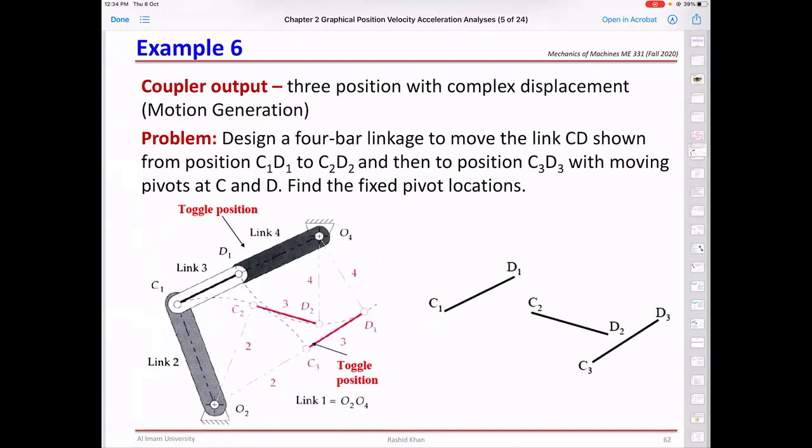Pivots at C and D, find the fixed pivot locations. This link is a moving pivot because the center of rotation is changing from the initial to the final position. This problem is more or less the same as in two position synthesis, where we discussed C1 D1 and C2 D2, but now we have the third position of the link.